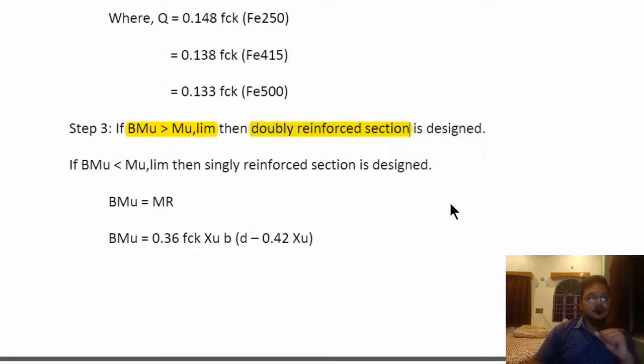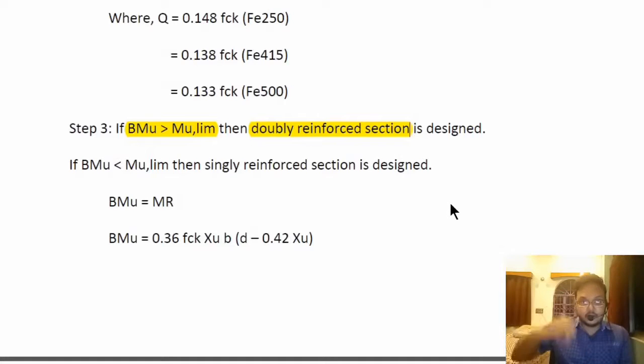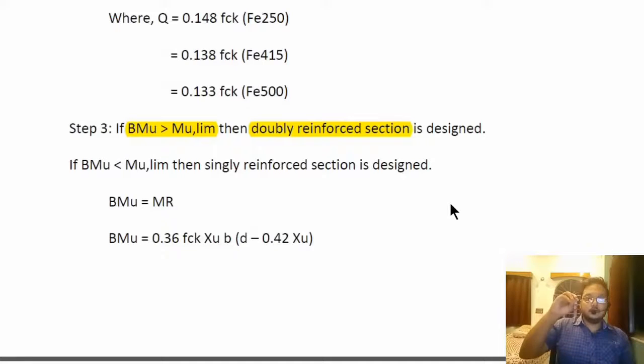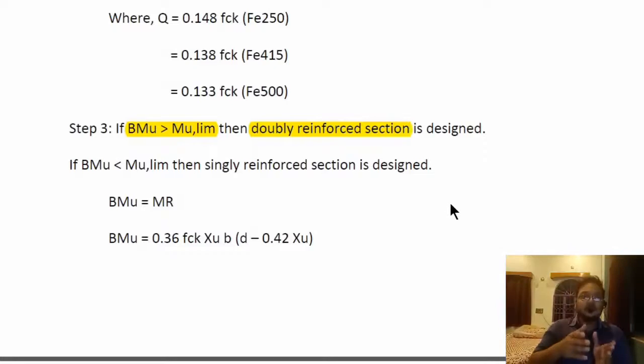That is, if the ultimate bending moment acting on that particular section is higher than our limiting bending moment, we will design the doubly reinforced section, where we also use reinforcement in the compression zone. We will read about this in the next chapter, where we discuss the doubly reinforced rectangular section, but our concern now is the singly reinforced rectangular section.